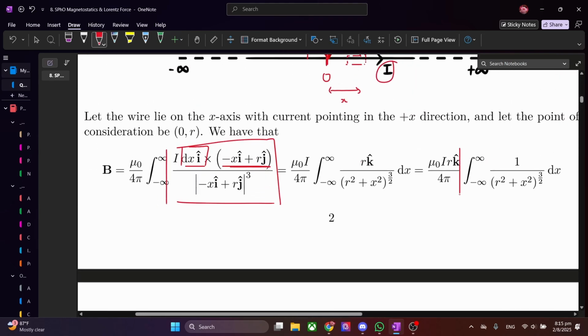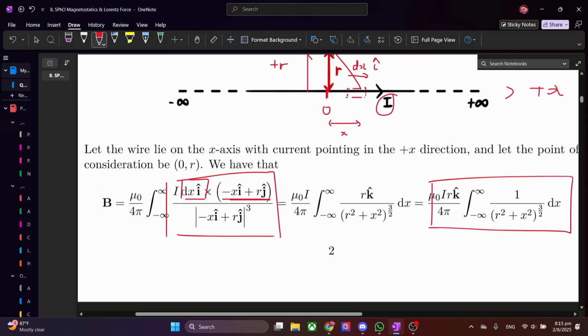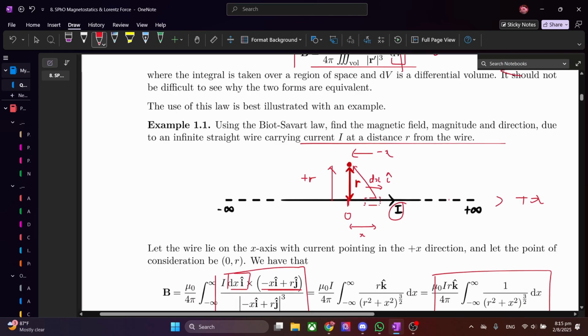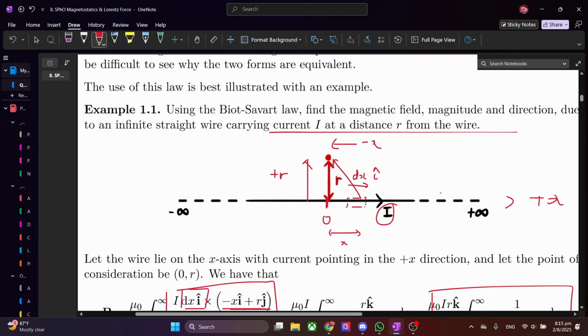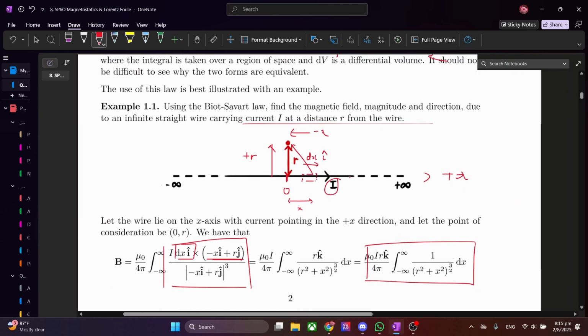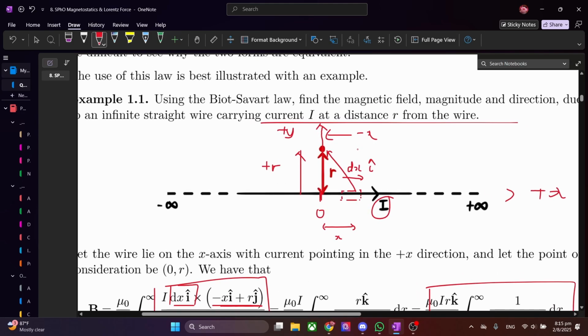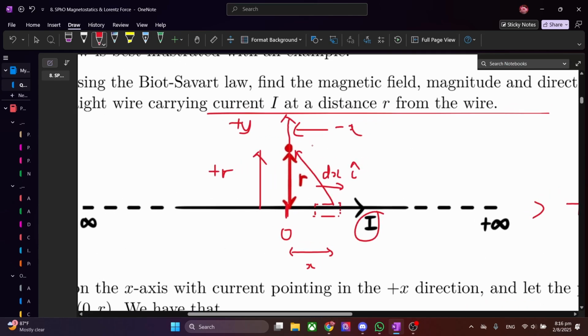But then you eventually get this entire expression here, and you can see that it points in the k direction, which means if we look here and we take this direction to be the plus y direction, then the direction of the magnetic field actually points out of the page, and we would denote that with this symbol. And this is out of the page.